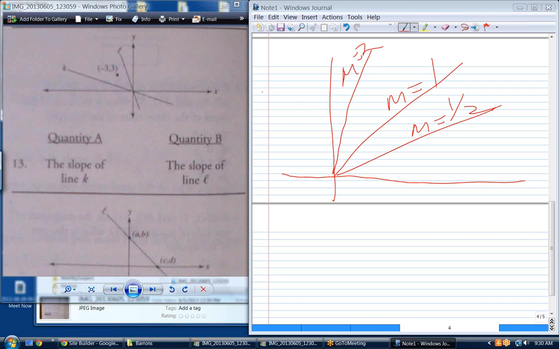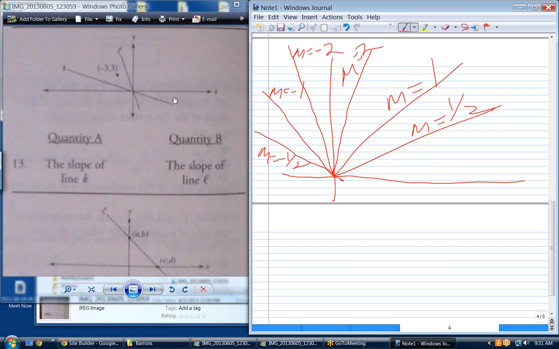Well, on the negative side, there's your -1. What do you think the slope of that is? -2. Okay, that's all you need to know. Okay. The slope of this would be -1/2.